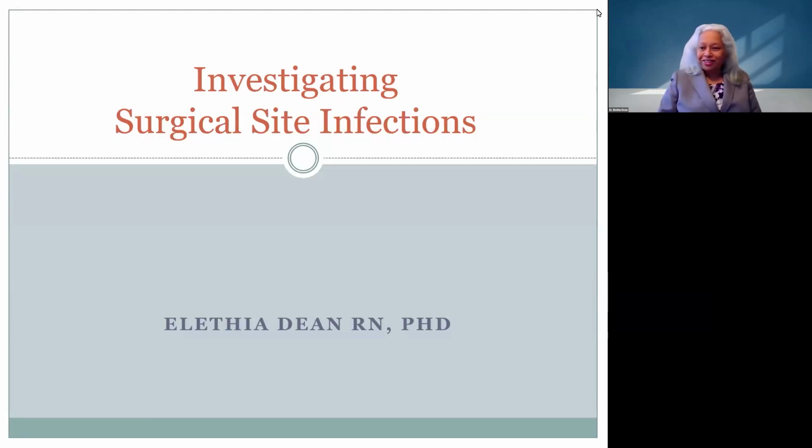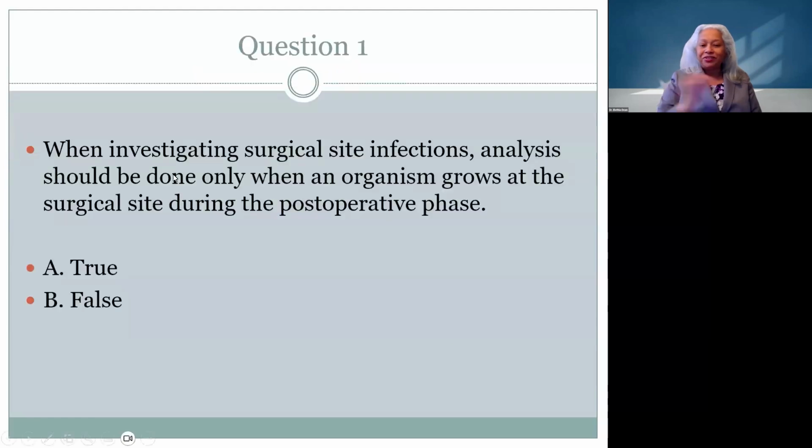So as we start, we're going to have these fun little polling questions throughout the talk today. First, we're going to ask you a question. When investigating a surgical site infection, analysis should be done only when an organism grows at the surgical site during the postoperative phase.